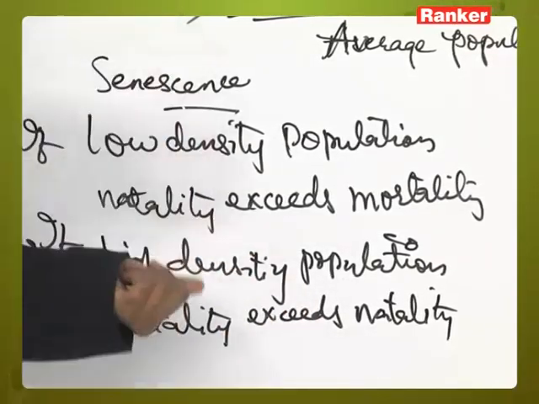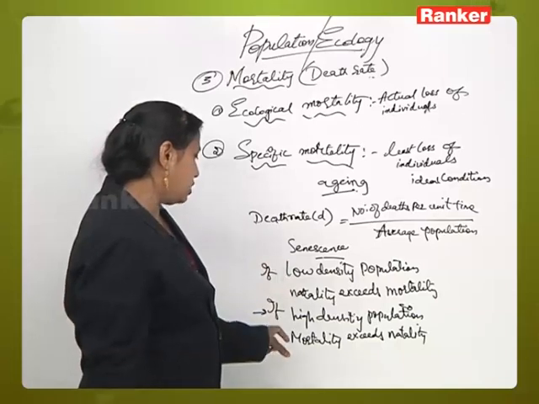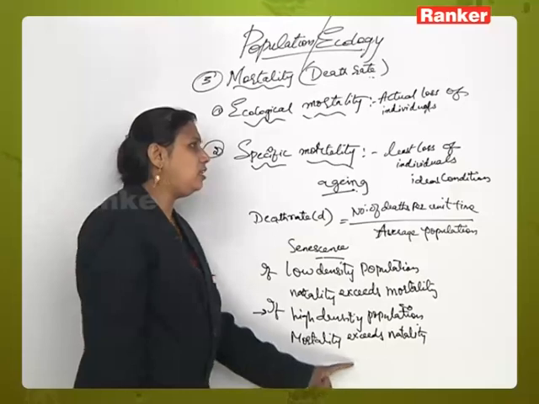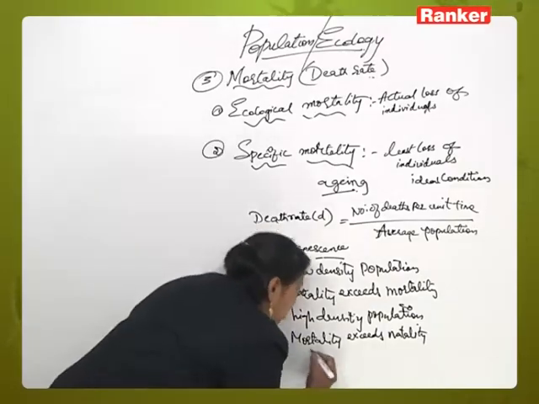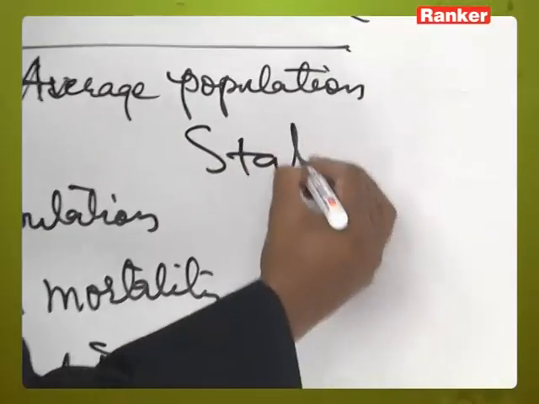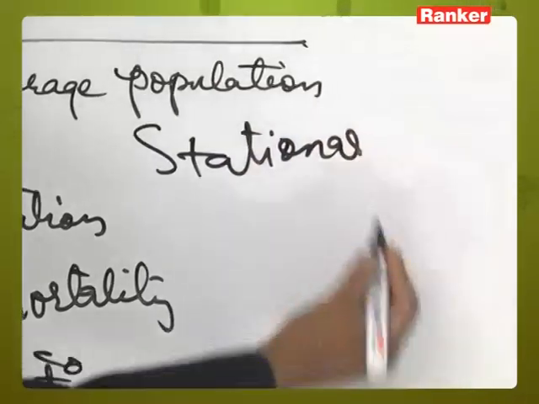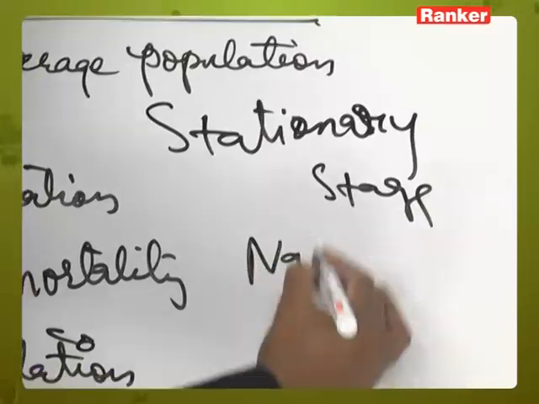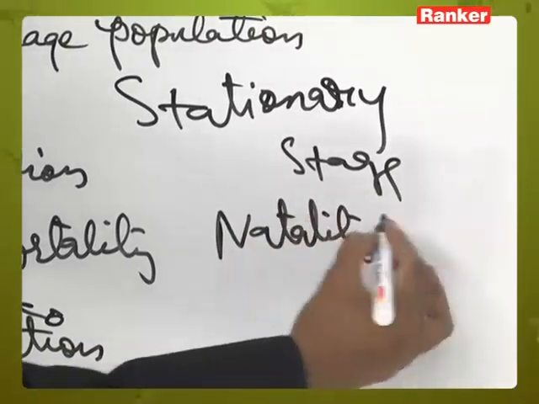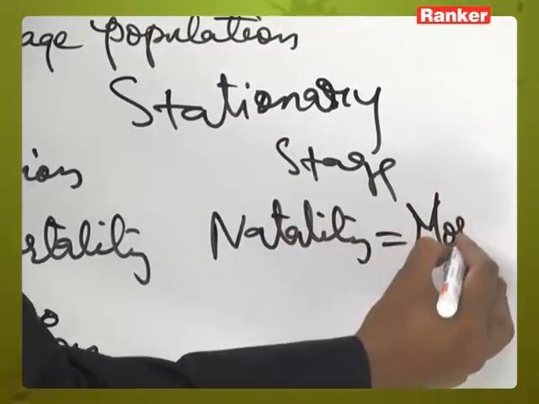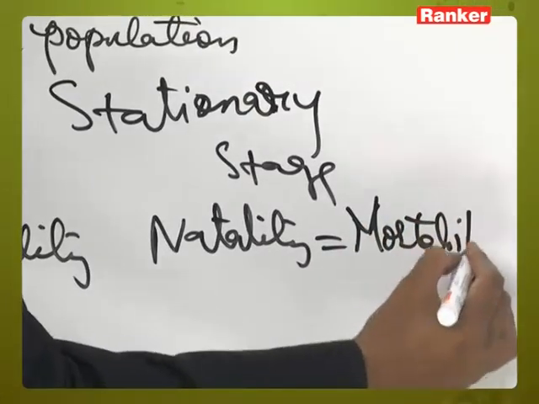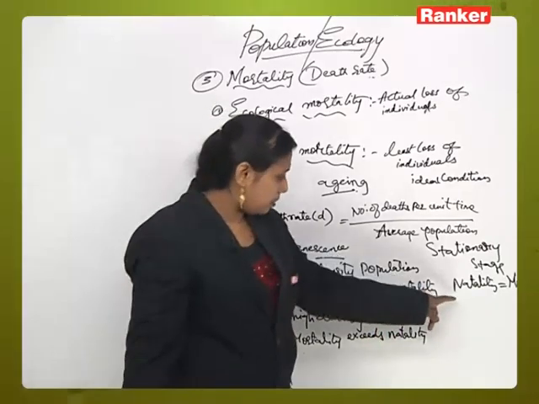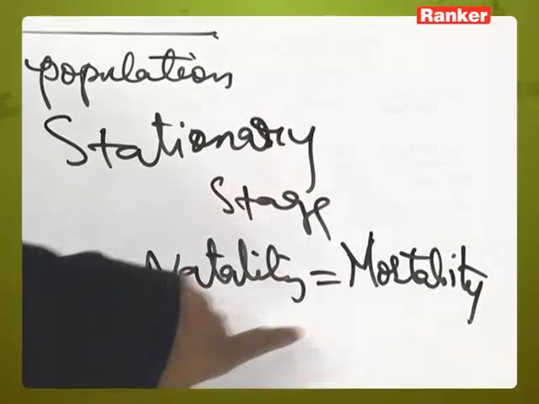So these are the basic criteria, and there is also a criterion where both the natality and mortality are at a neutral phase. That is called a stationary population, or stationary stage, where the natality is equal to mortality, where the birth rate is equal to the death rate.